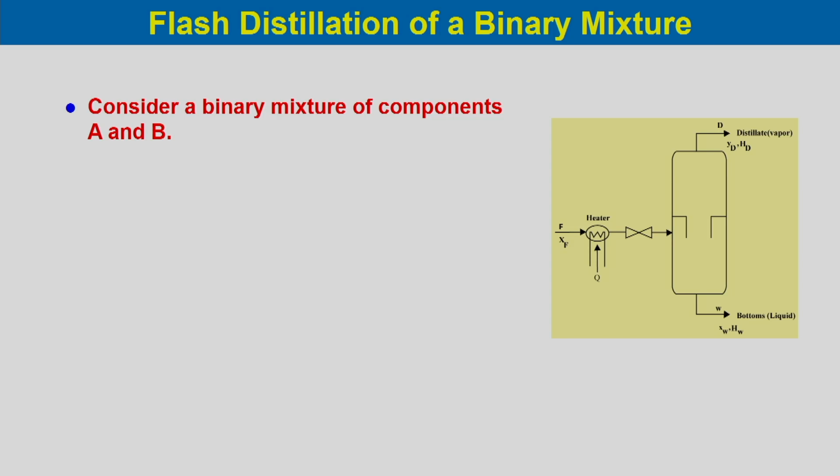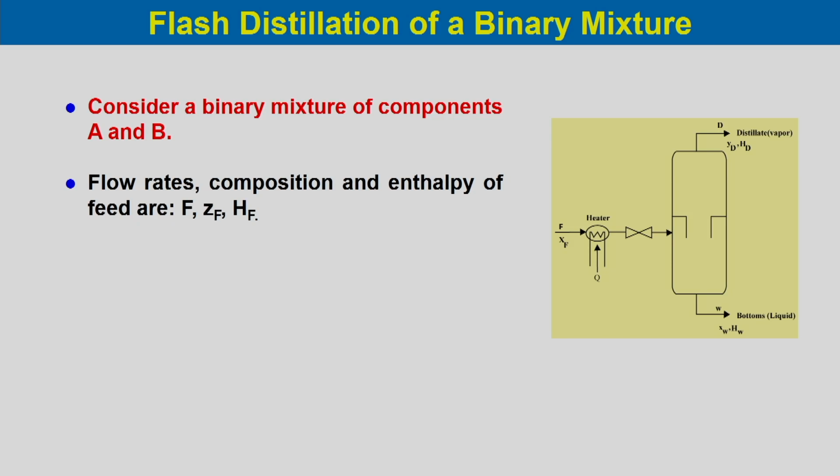Now, consider a binary mixture of components A and B, a two component system. We will now discuss the flash distillation of binary components. Let us define the flow rate, composition and enthalpy of the feed.